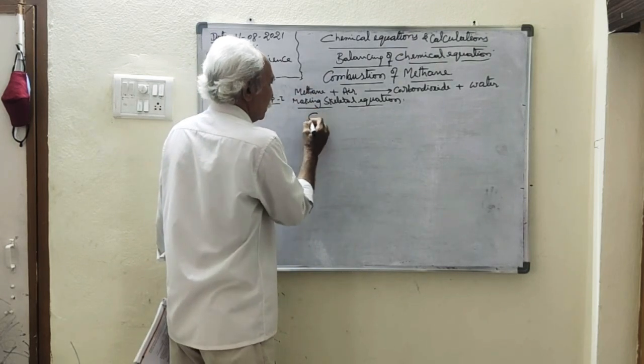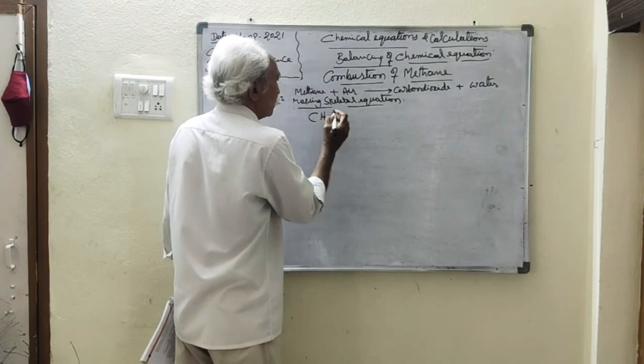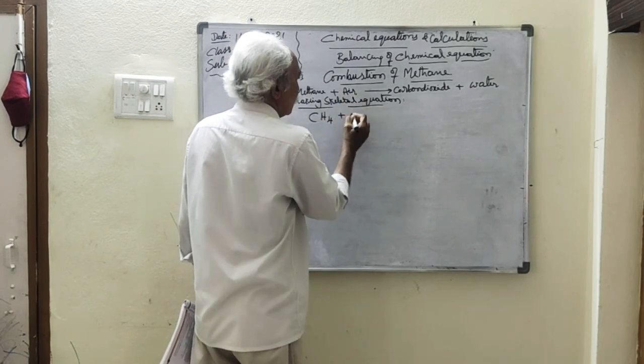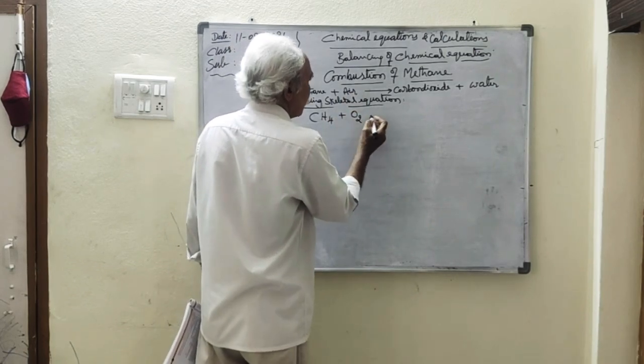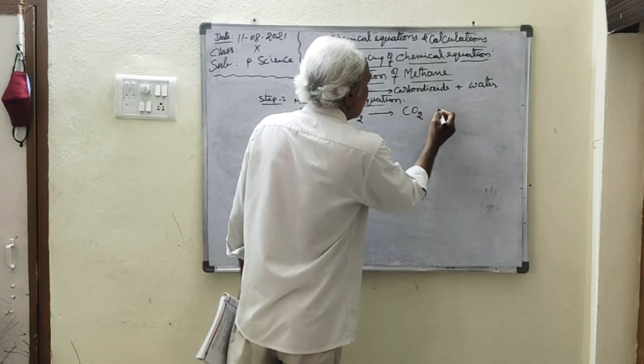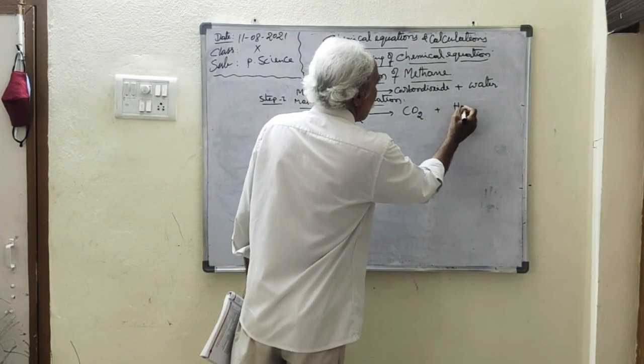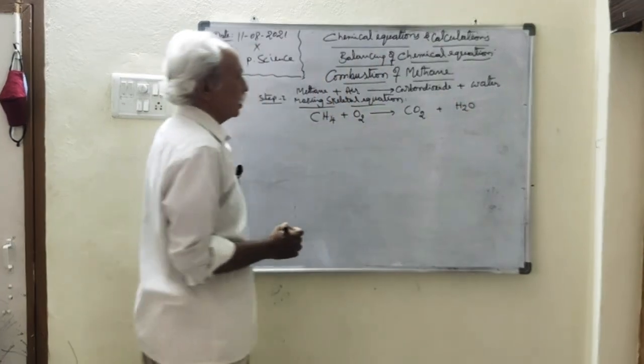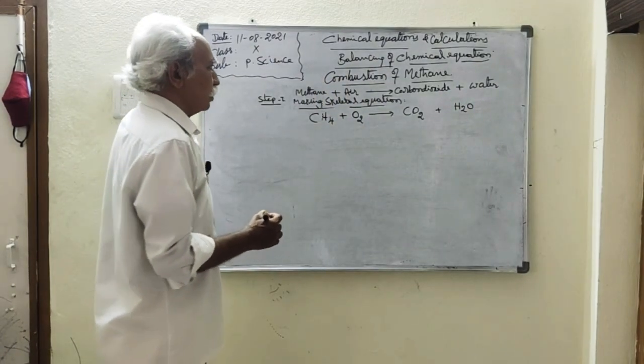The methane formula is CH4 plus air. Here you take the oxygen, excess of oxygen, which converts into carbon dioxide plus water. This is the skeletal equation.